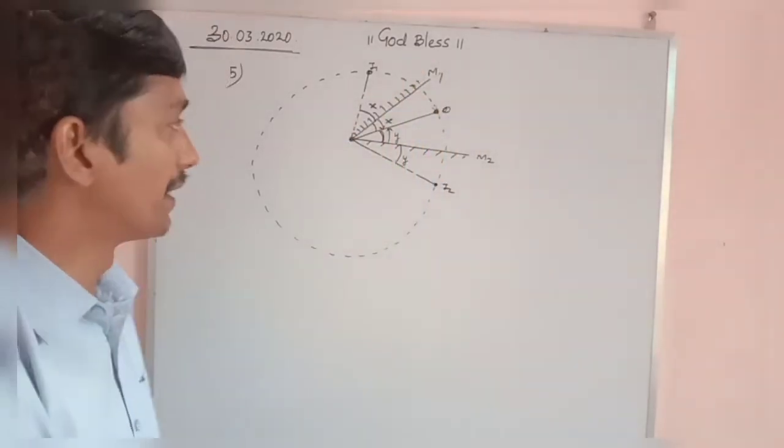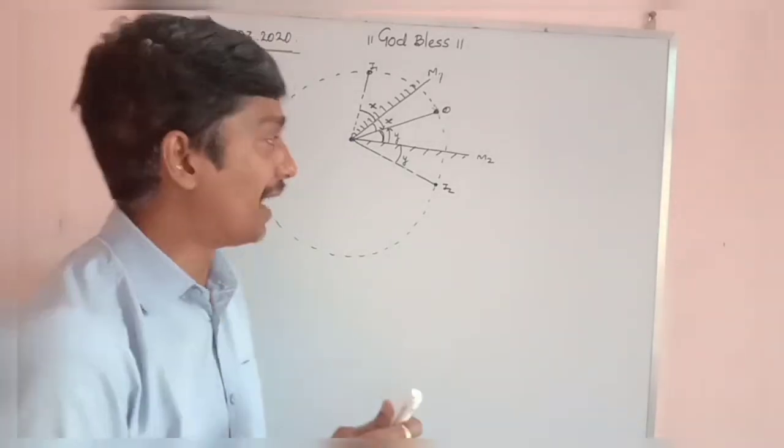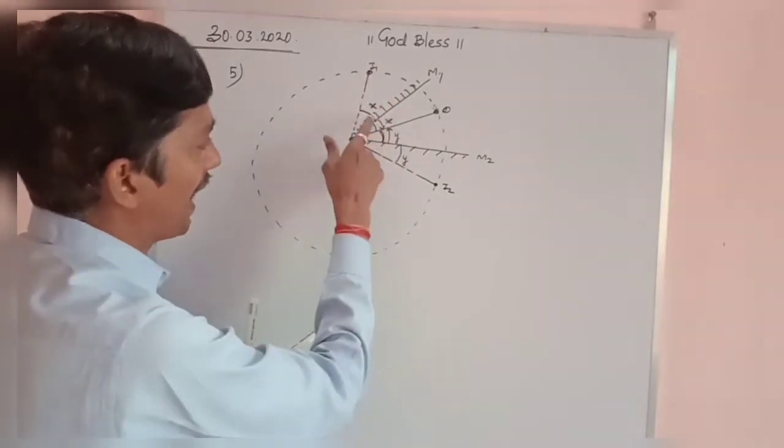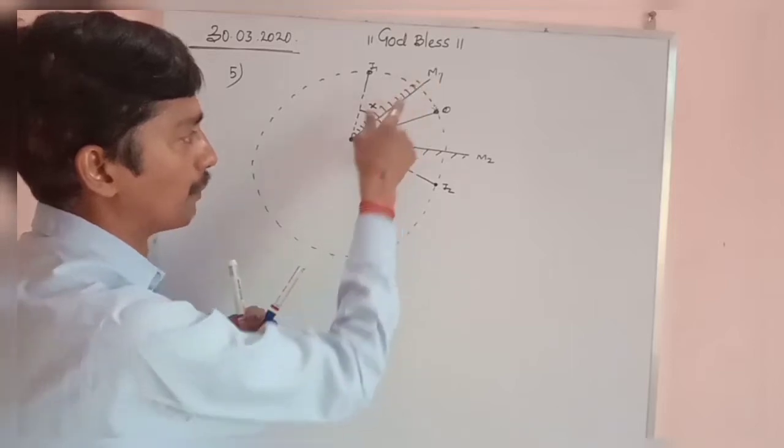Now again, look at it. The story is not over here. The first image is I1 at an angle of X from M1, because the object is at X from M1.